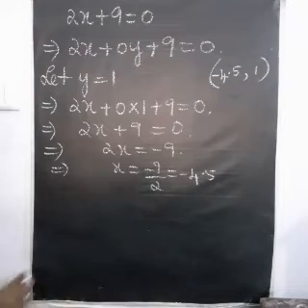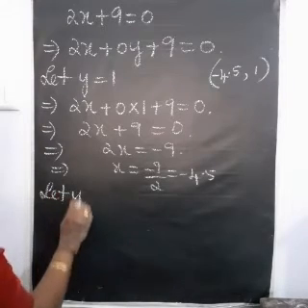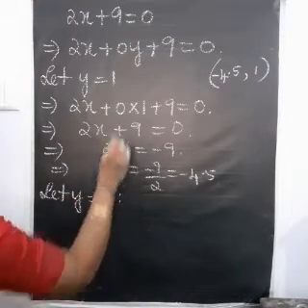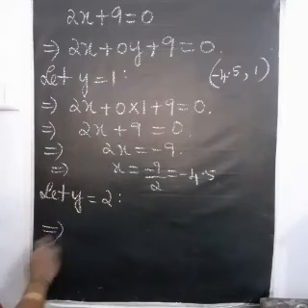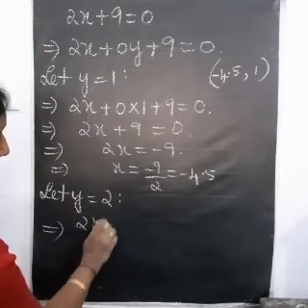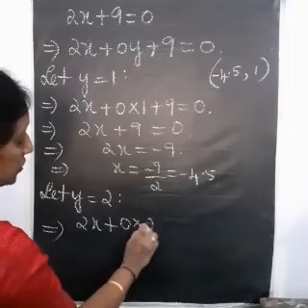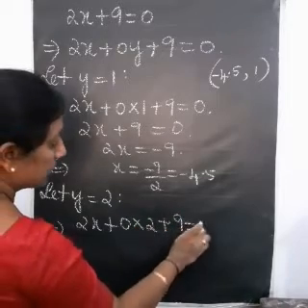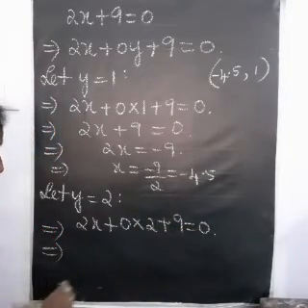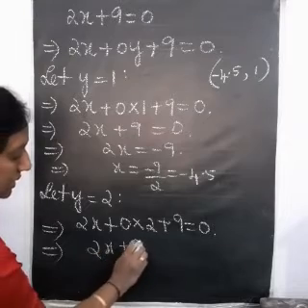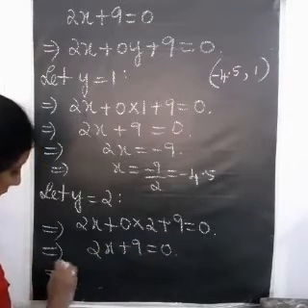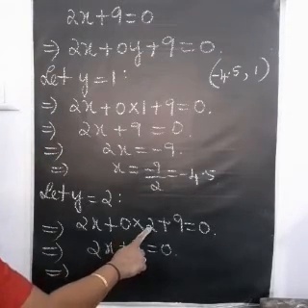Let y equal 2. So if y is equal to 2, then what will happen? Again you will get 2x plus 0 into 2 plus 9 equal to 0. So you will get 2x plus 9 equal to 0, because 0 into 2 is going to be 0.